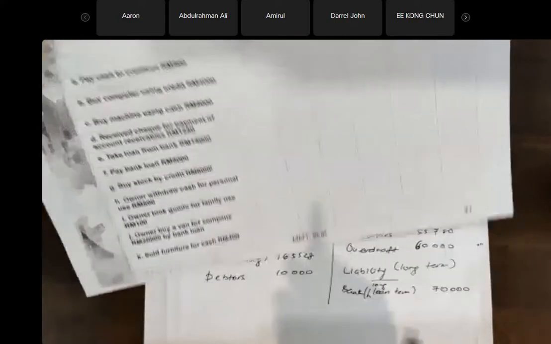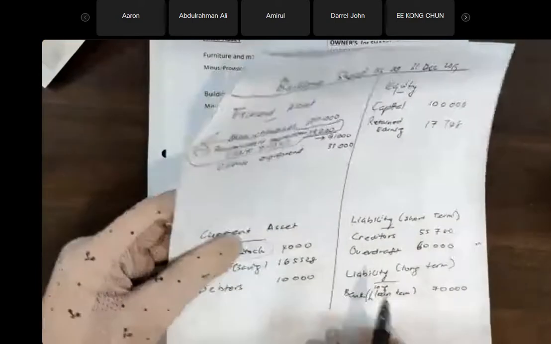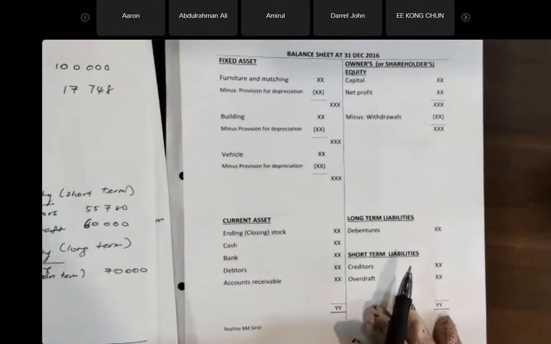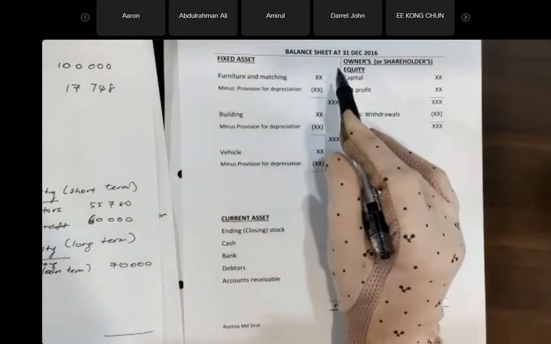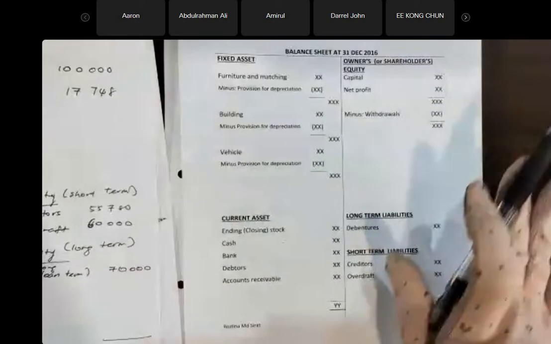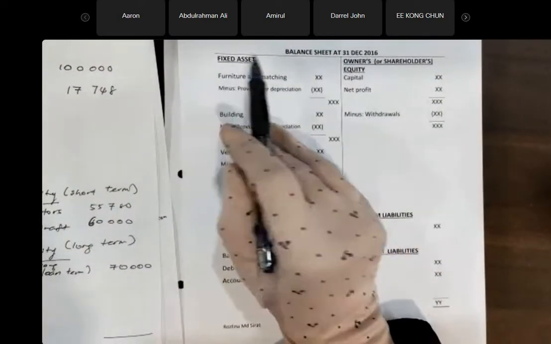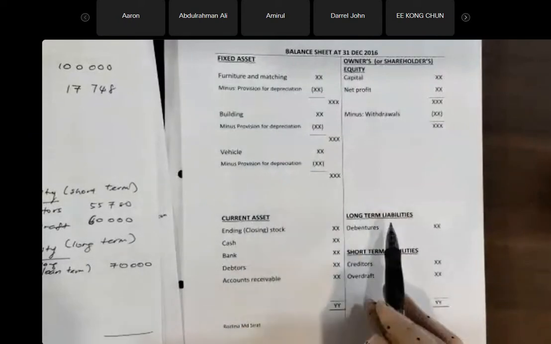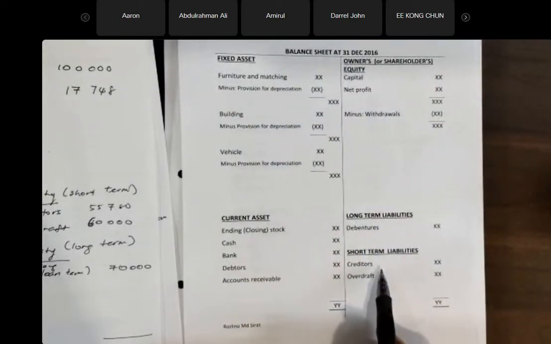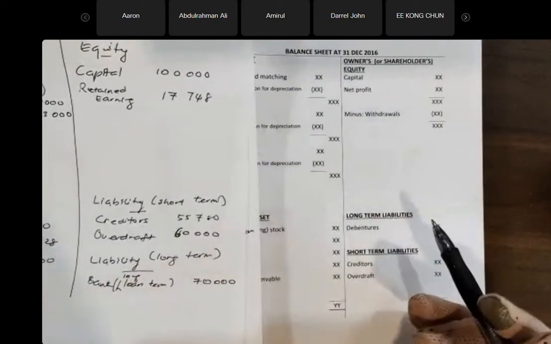And also one more, maybe you can start from a balance sheet yang kosong, you don't have anything here, just categorize fixed asset, equity, current asset, long term and short term liability, and then you start to answer.